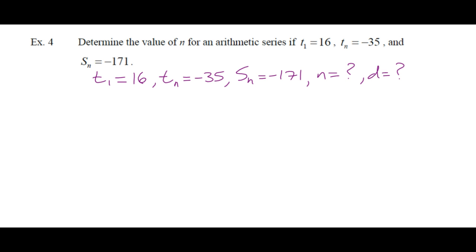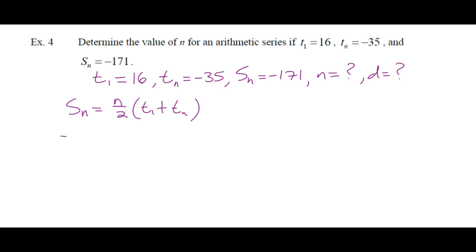Because if we look at this, I got t1, I got tn, I got s sub n, right? And in that formula, if we fill that in, the only thing we don't know is n. And if you have one equation, you can only solve for one unknown. If I throw it into the other formula with the n and the d, I have two unknowns. So I can't do that.